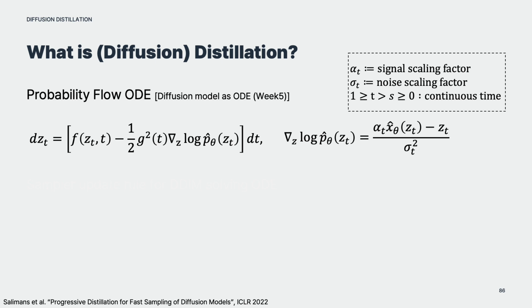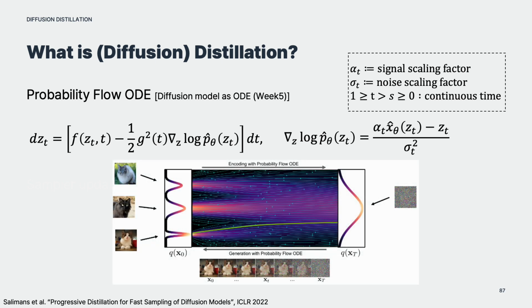Deterministic diffusion sampling methods such as DDIM can be expressed as a PFODE with the equation given as follows. By integrating that dt, we can represent the sampling process as an ODE. This can be illustrated as follows.